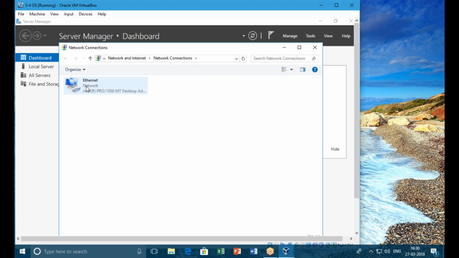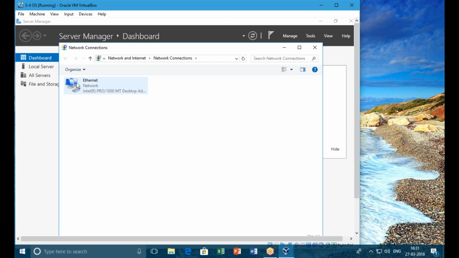When you type ncpa.cpl in Run, this network connections window will open, where you can see the network adapter.